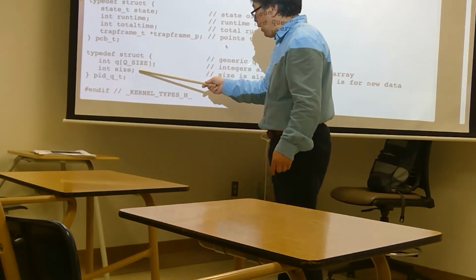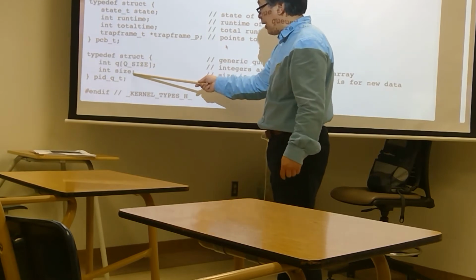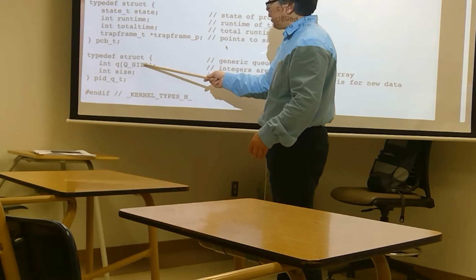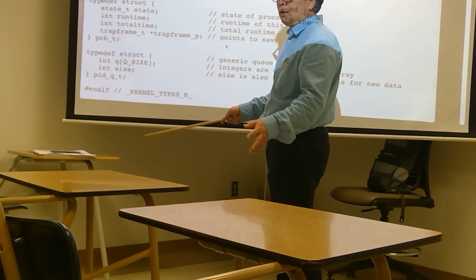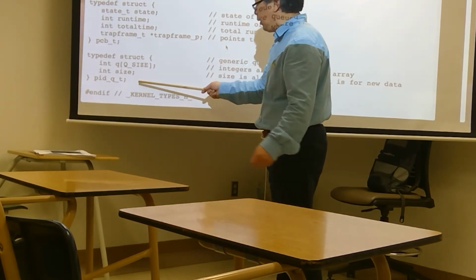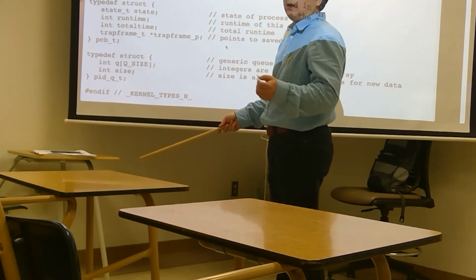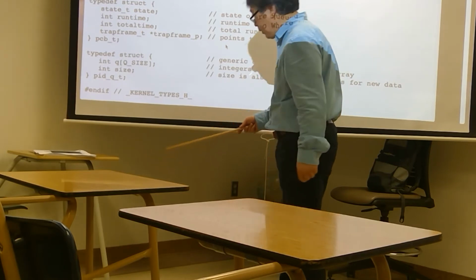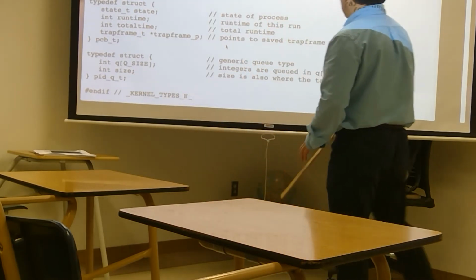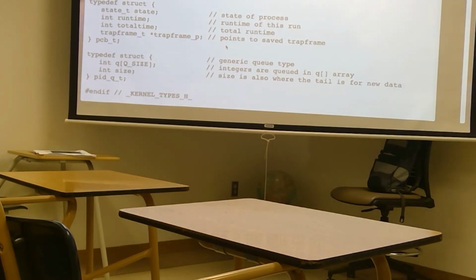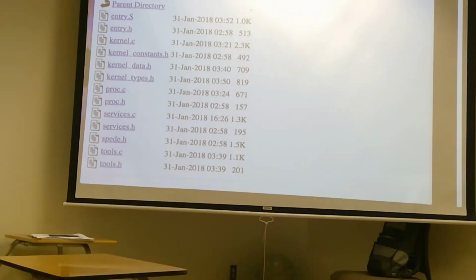So the valid numbers in the queue is the size. If the queue is empty, the size is 0. So the content of this array is gibberish. Don't believe it. If the size is 3, then the queue has 3 good numbers, PID numbers only. And how to enqueue and dequeue will be explained in the tool file C.